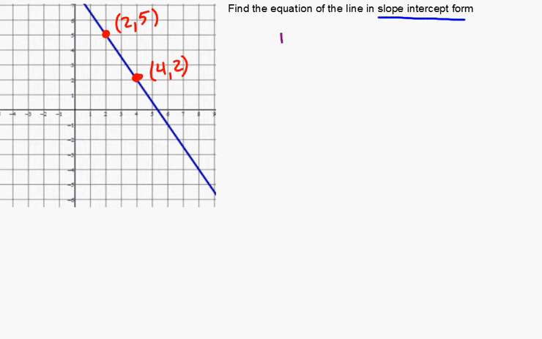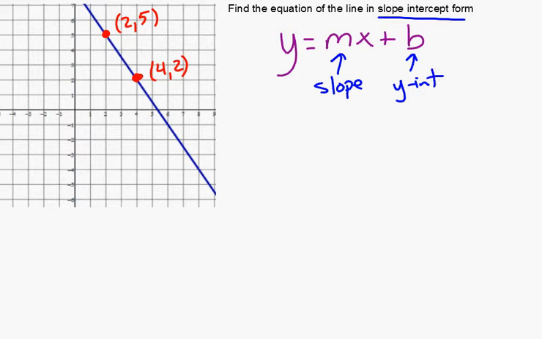Remember, my ultimate goal is to get mx plus b, where m is the slope and b is the y-intercept, or where it hits the y-axis. If I look at my graph, one of these things is easy to find off of the graph, and that's the slope. Remember, slope is rise divided by run.